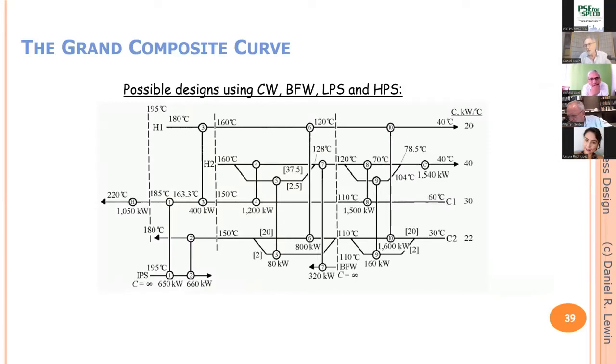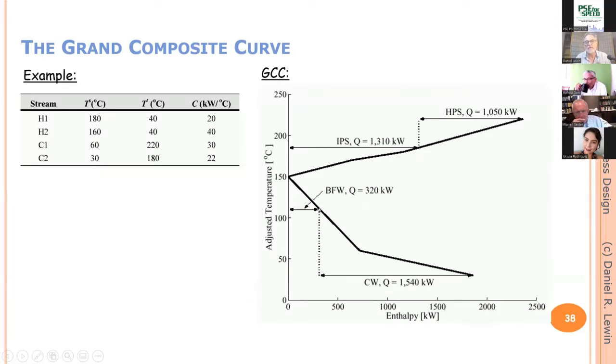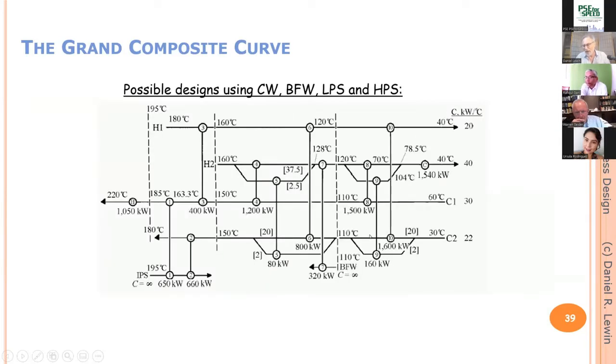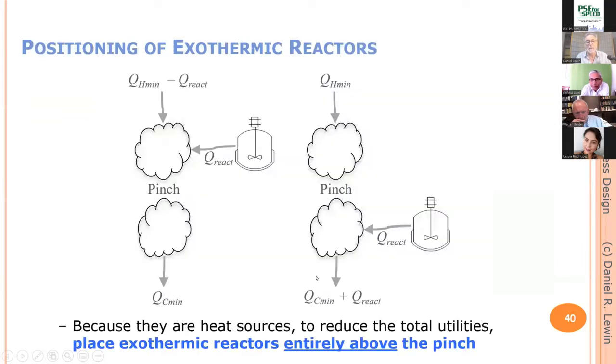Disadvantage, to actually implement a design for the grand composite curve I showed before, we now have to deal with 3 pinches, not one. There's the process pinch, which is this one here, but we also have a pinch because of the intermediate pressure steam, and another pinch because of the boiler feed water. In fact, these pinches are this one, and this one. It makes the design more complicated, but it is worth considering because we significantly reduce the cost of energy.